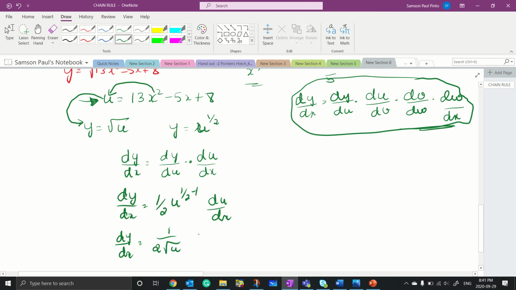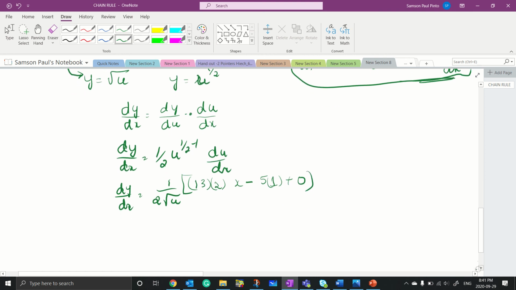du by dx is nothing but differentiation of this with respect to x, so 13 into 2 into x minus 5 into differentiation of x which is 1, plus differentiation of constant which is 0.